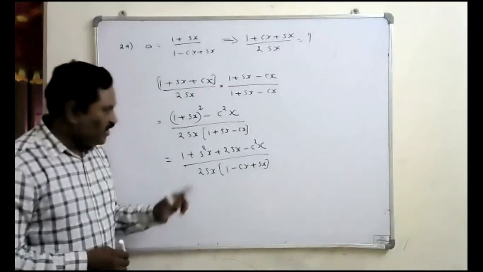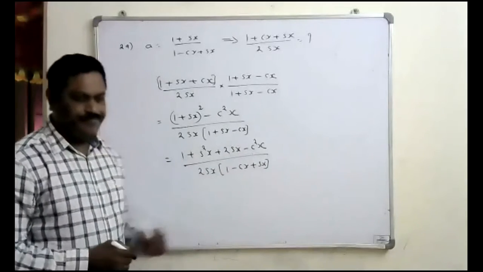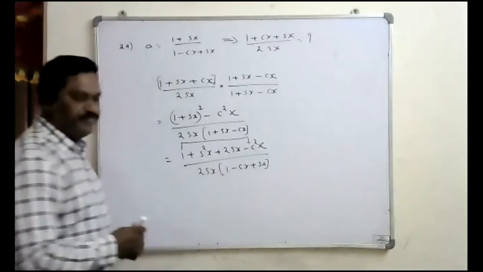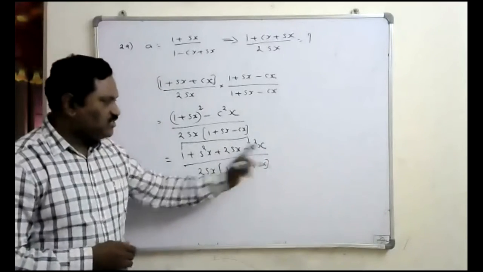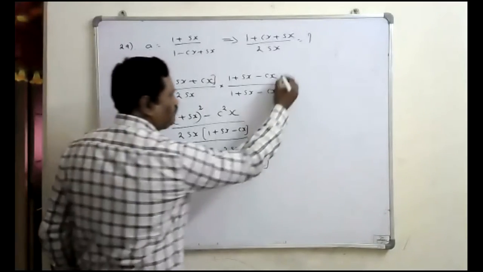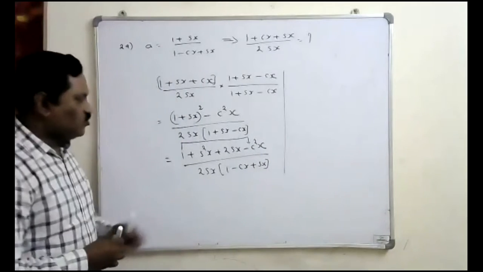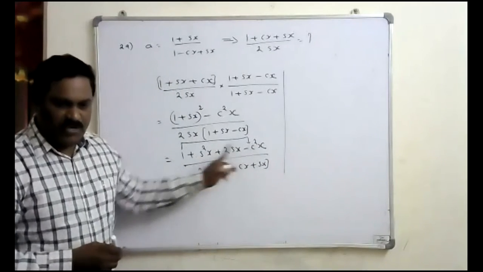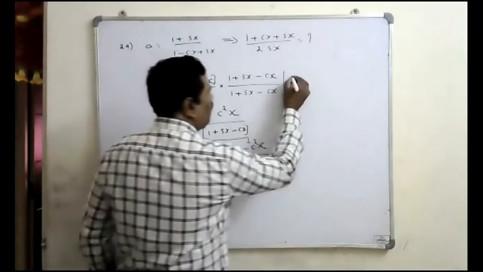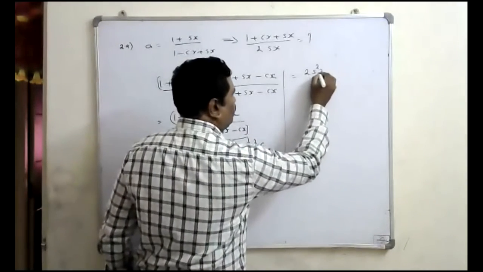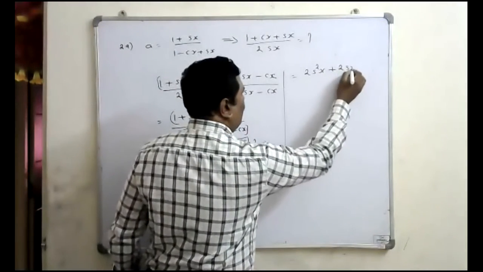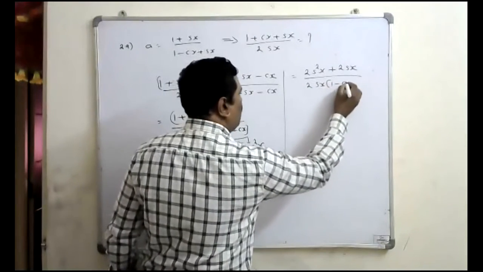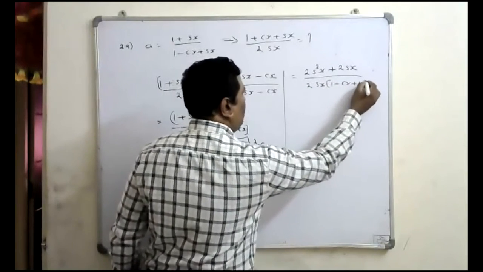Now, in the numerator, consider the first term and the last term, 1 minus cos square x. How do you write it? Sin square x. Here already sin square x is there. So sin square x plus sin square x is 2 sin square x, plus 2 sin x, upon 2 sin x into 1 minus cos x plus sin x in the denominator.